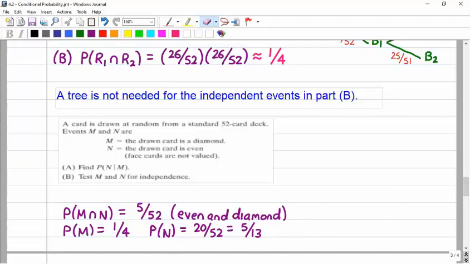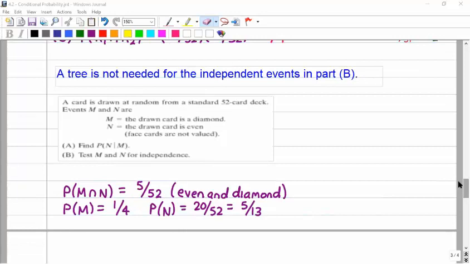So from the last section, I'll just mention it. I'll do the bottom. 1 out of 4, 13 out of 52, there's diamond. Total number of even cards: each suit is going to have 5 even cards, 2, 4, 6, 8, 10. 5 of those, and there's 4 suits.